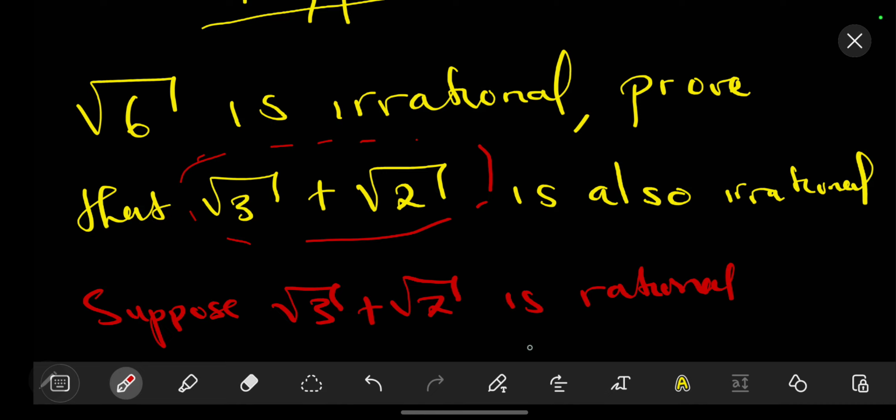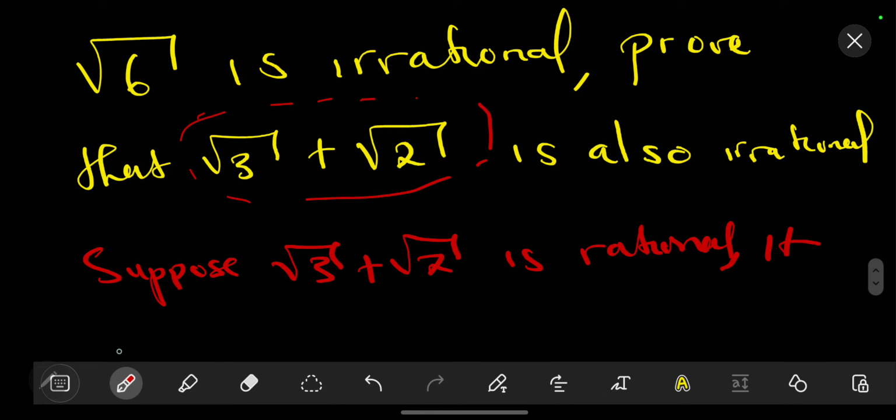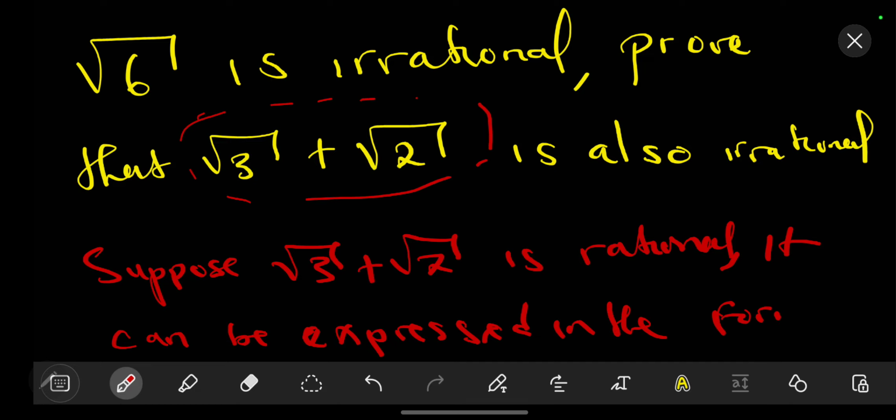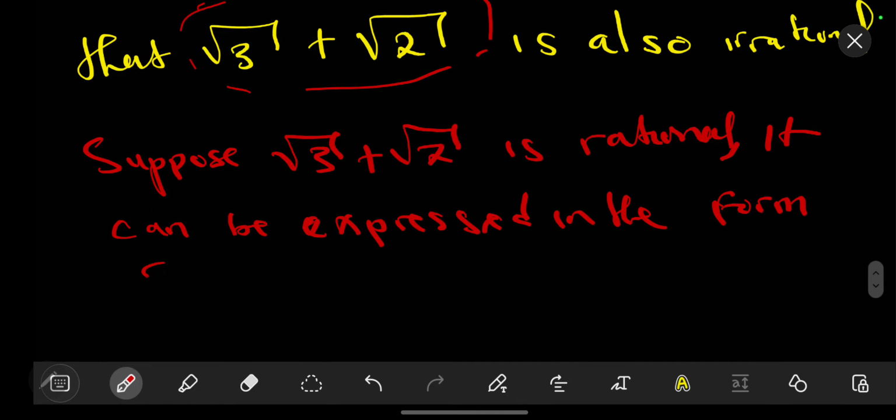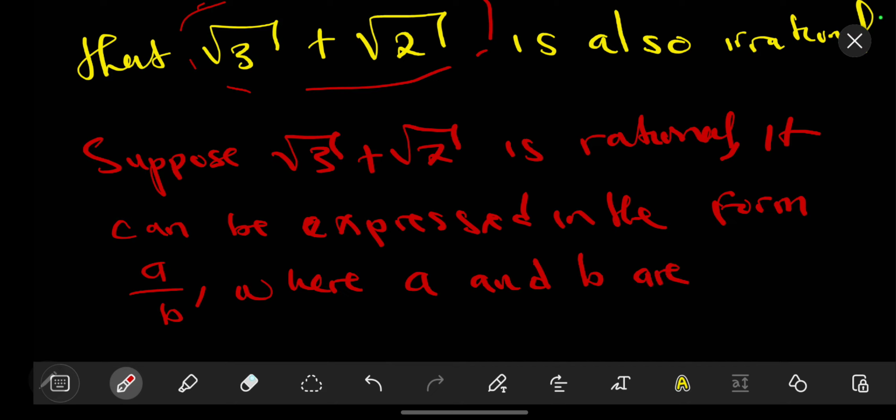Meaning to say, rational means it can be expressed in the form a over b, where a and b have no common factors, but are members of Z.